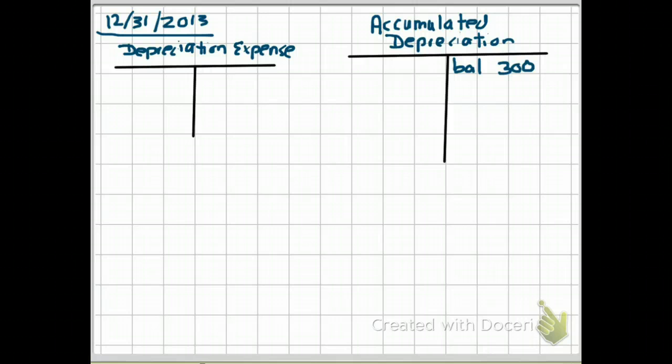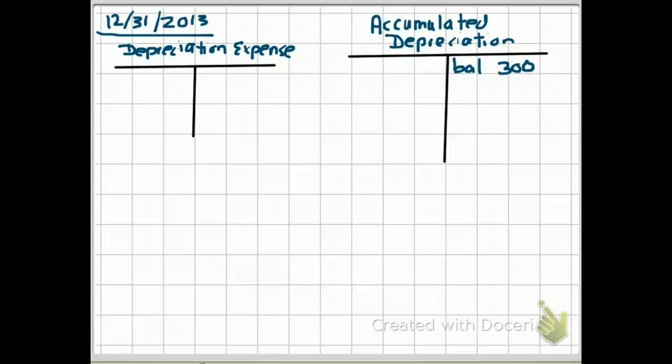That was the depreciation that you credited when you did your adjusting entry. Now your depreciation expense doesn't have any balance. You won't understand why at this time, but by the end of this chapter you will understand why. Just know that the expense accounts do not carry balances. So your depreciation expense account doesn't have a balance, but your balance sheet account, which is your accumulated depreciation, has a balance that you brought forward from your previous period of $300.